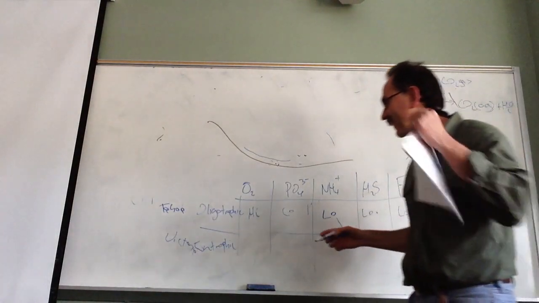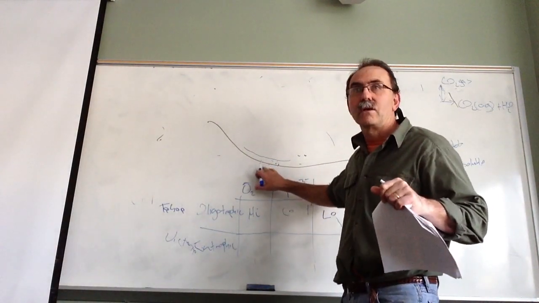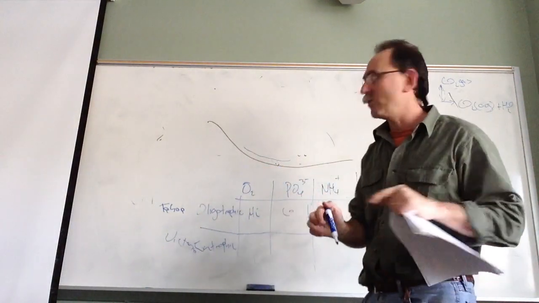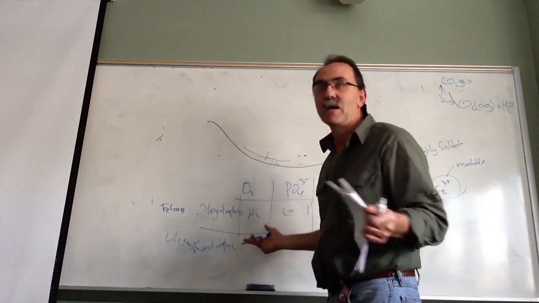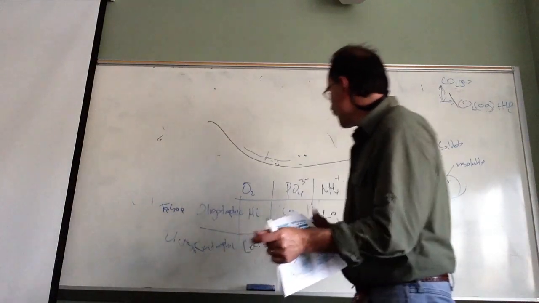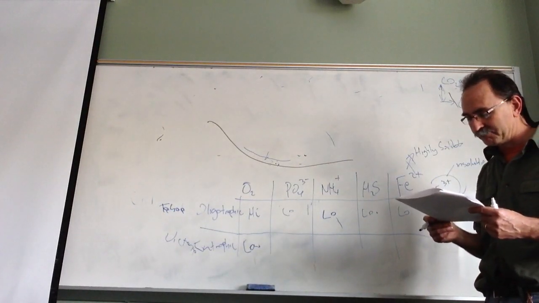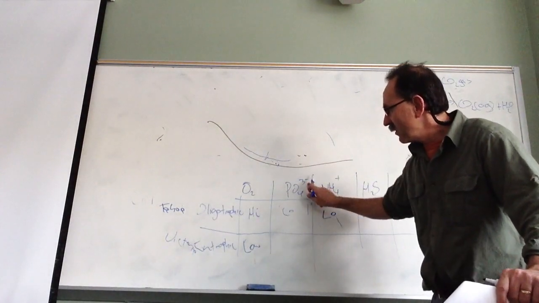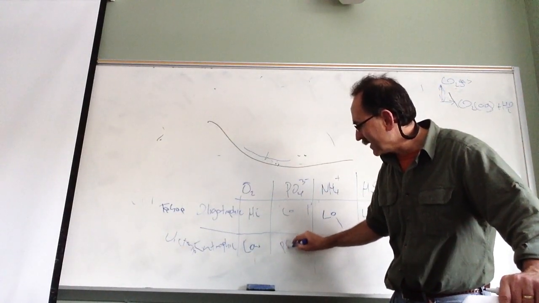You go to eutrophic lakes, and it's going to be very different. In a eutrophic lake, you're going to have all sorts of critters eating away, decomposing that organic matter. The first thing that drops out of sight is going to be O2. So you're going to have very low O2. As a result, in reducing situations, the phosphates in the water are going to be solubilized.